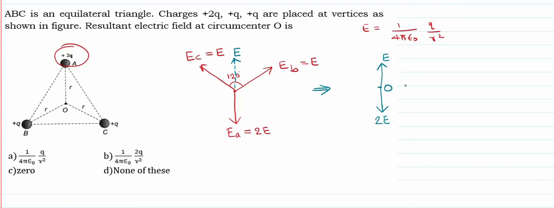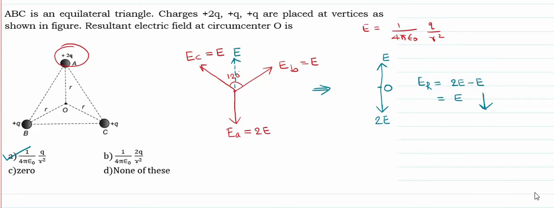So both are in the same line and opposite, which means the resultant intensity will be 2E minus E, that is equal to E acting in the downward direction. So if you observe the options, option A is our answer.